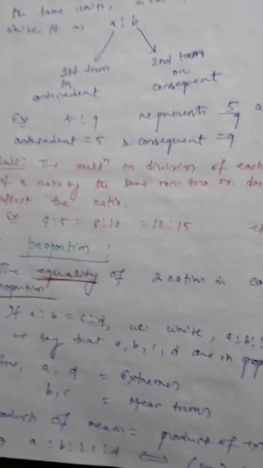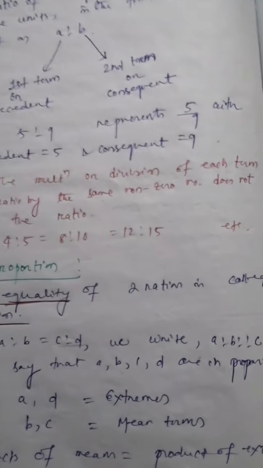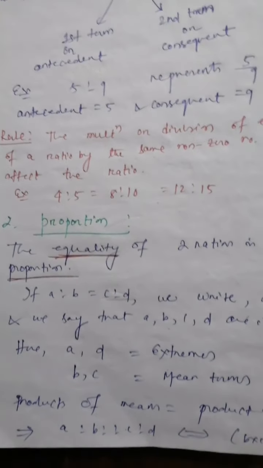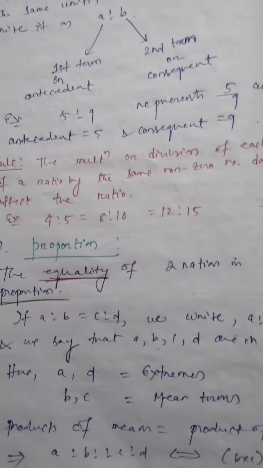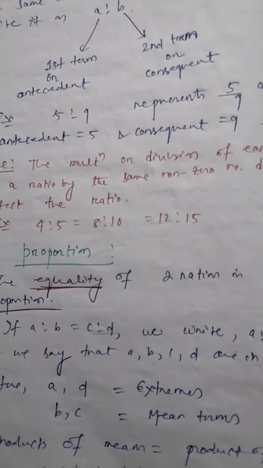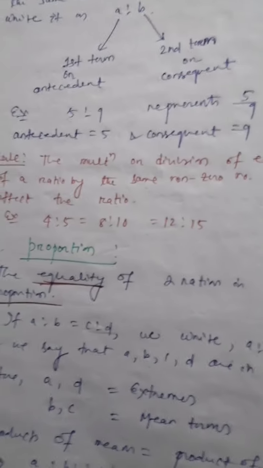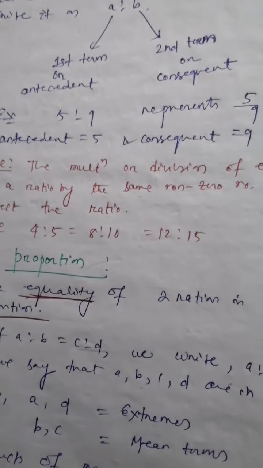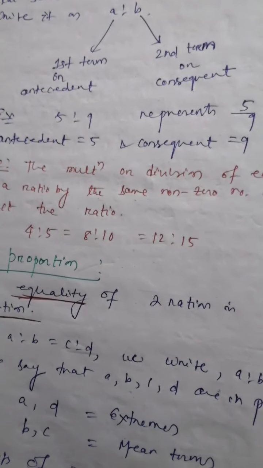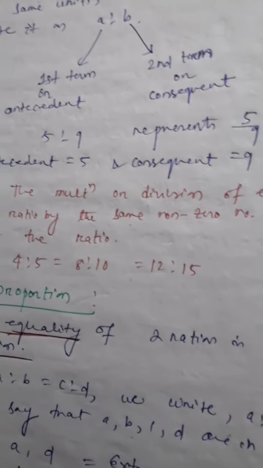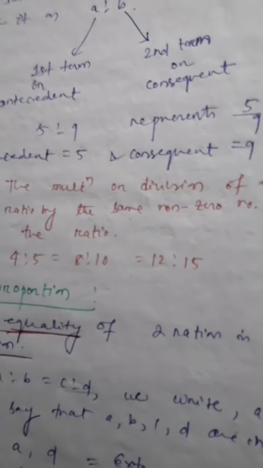Fine. So what is the rule? The multiplication or division of each term of a ratio by the same non-zero number does not affect the ratio. For example, 4:5 equals 8:10 equals 12:15. As we can analyze, twice the first ratio is the second ratio and thrice the first ratio is the third ratio.